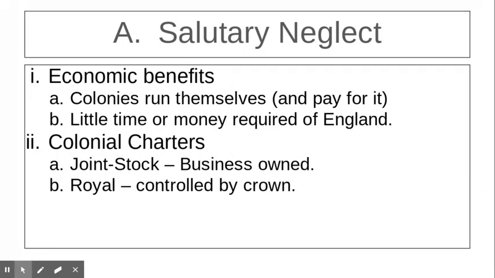So each of the colonies had a colonial charter under this system of neglect. One type, of course, would be a joint stock charter, which businesses would basically get, like the Virginia Company.